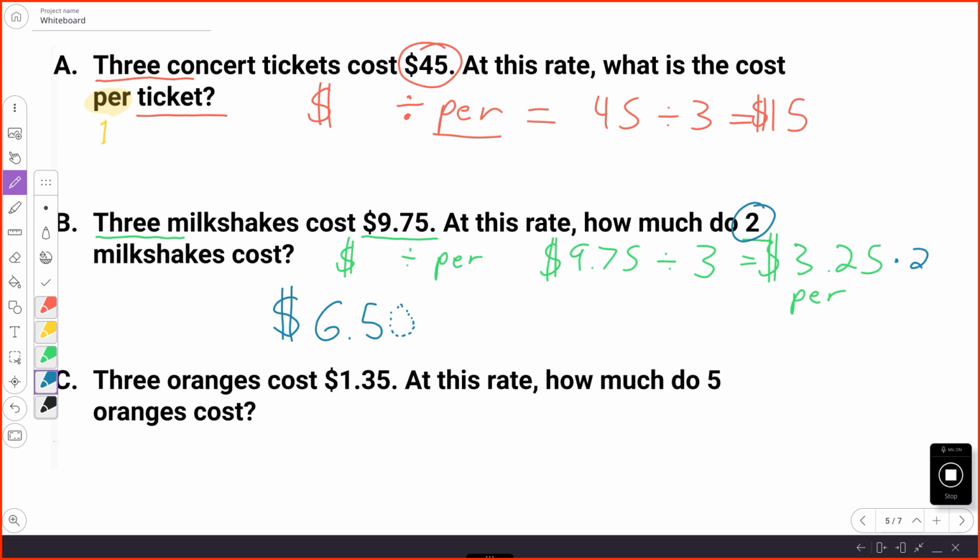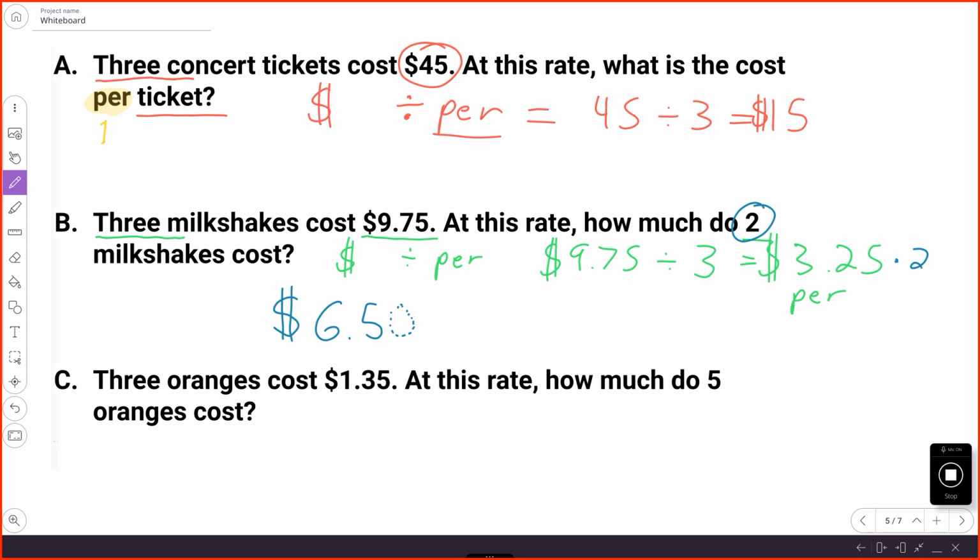All right, so basically the same thing for the last one. 3 oranges cost $1.35. At this rate, how much do 5 oranges cost? So we need to figure out how much 1 orange costs, per orange, right?